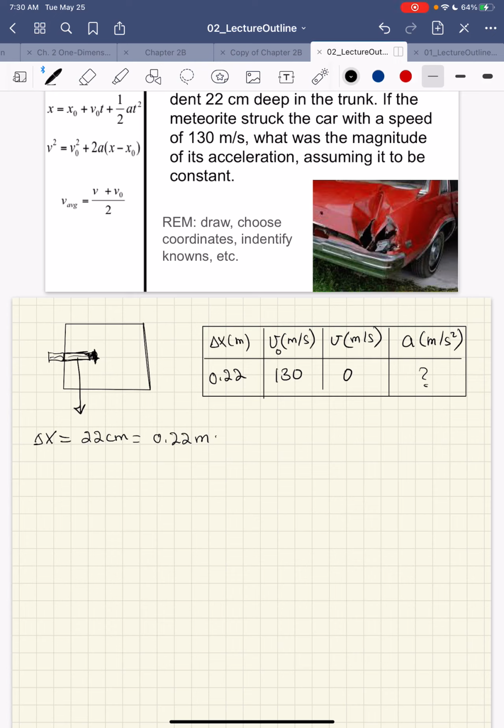Usually it's helpful for me to list the equations to find out which one I will use. Then I am listing the equations here.